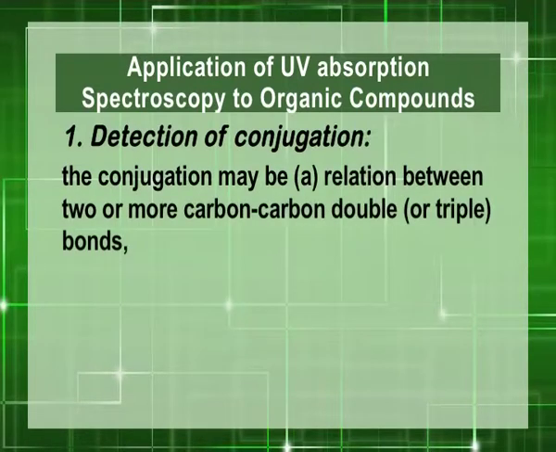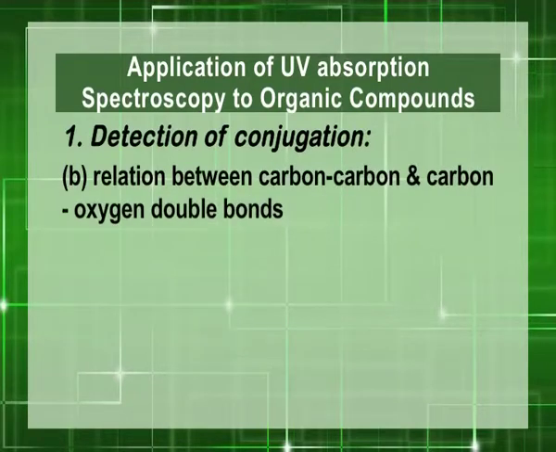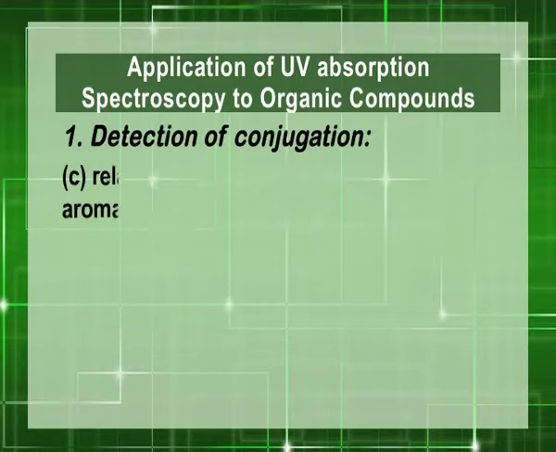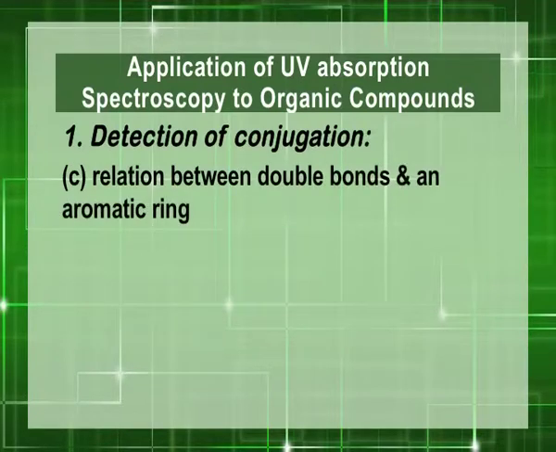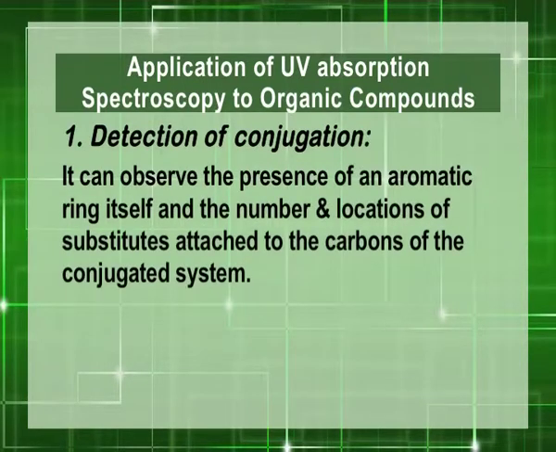The conjugation may be a relation between two or more carbon-carbon double bonds, or between carbon-carbon and carbon-oxygen double bonds, or between double bonds and an aromatic ring. It can observe the presence of an aromatic ring itself and the number and locations of substituents attached to the carbons of the conjugated system.